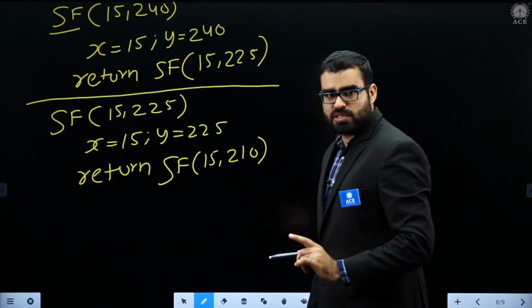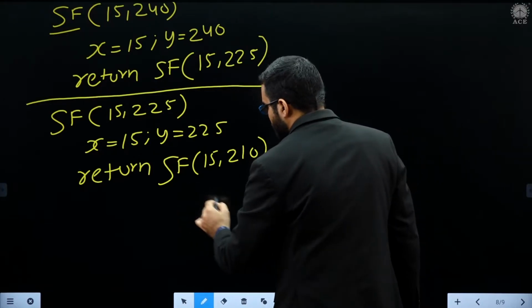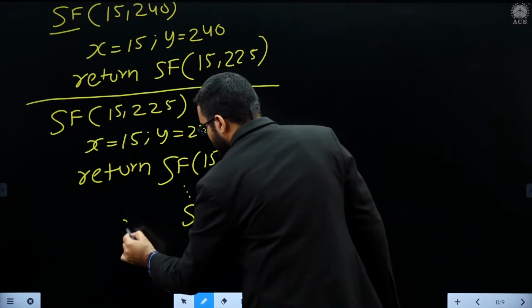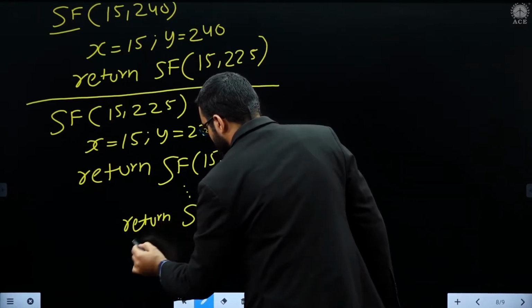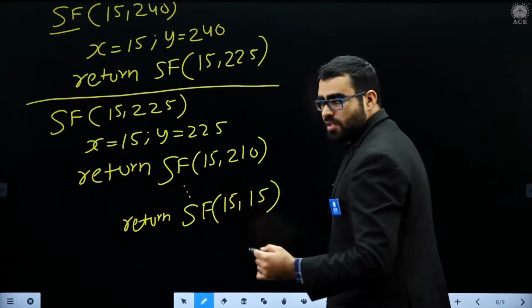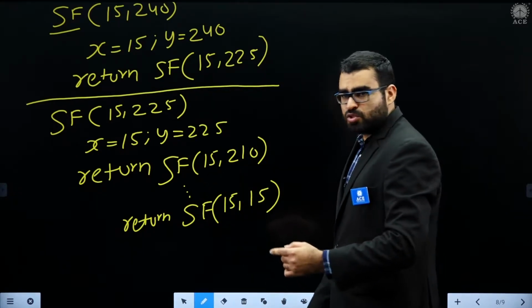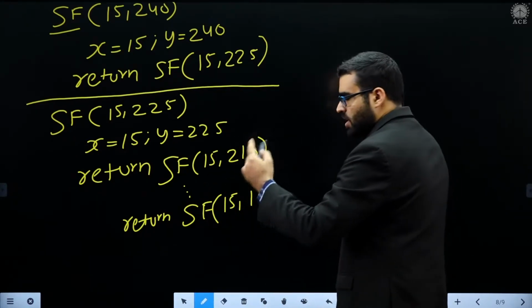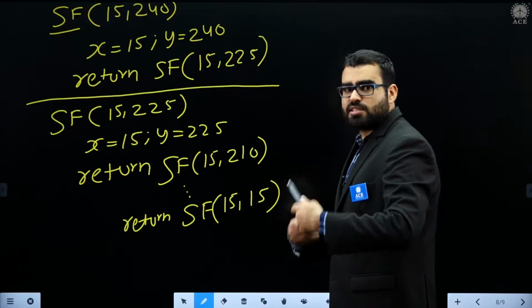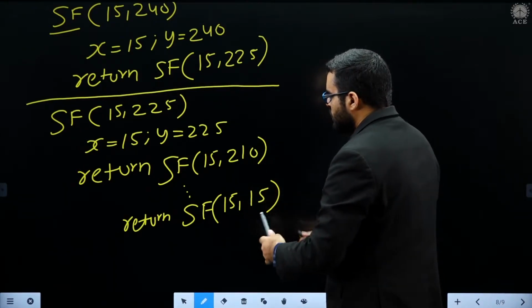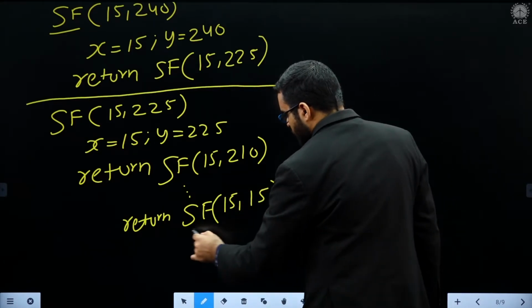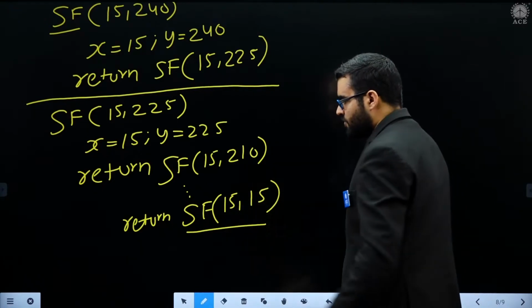If we keep on doing like this, from 210 subtracting 15, from that value subtracting 15 again and again, then after some time we will reach SF of 15, 15, because 15 divides 210.